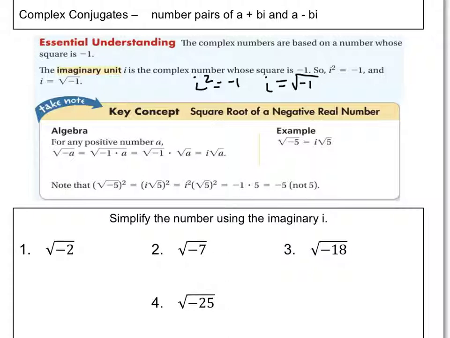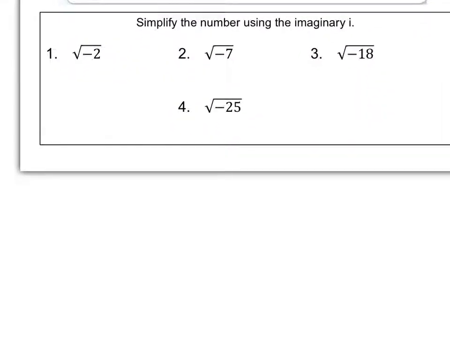We're going to look at some examples down here on the bottom, and go through a couple of these to give you an idea of how they're going to look. It says simplify the number using the imaginary number i. We don't know what the square root of -2 is.